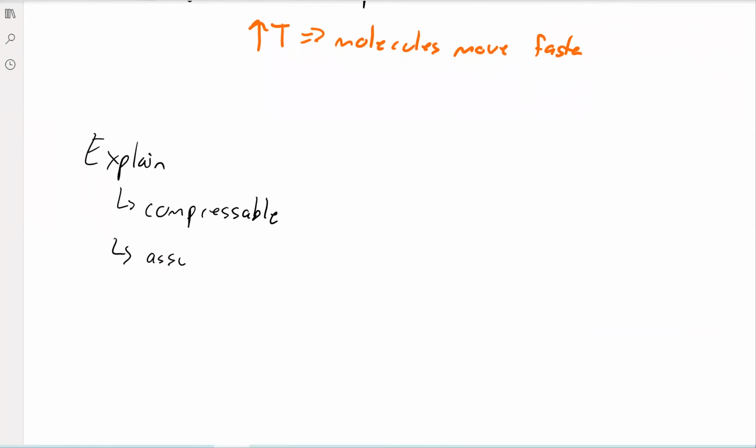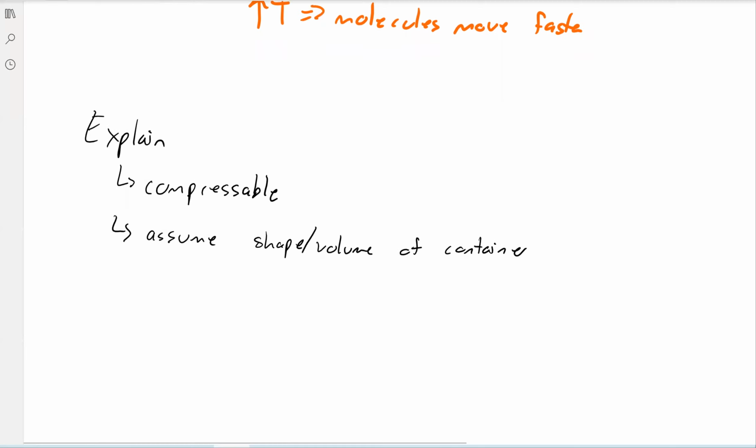They assume the shape and volume of the container, right? Since they're just little particles flying around, they're going to fly around as much as they possibly can until they hit the wall of a container. And the low density of gases as well. Gases are not very dense, and that's because they have a lot of empty space around them. So nothing too revolutionary, but we're building up our model, and we can see how we can apply that to different things shortly.